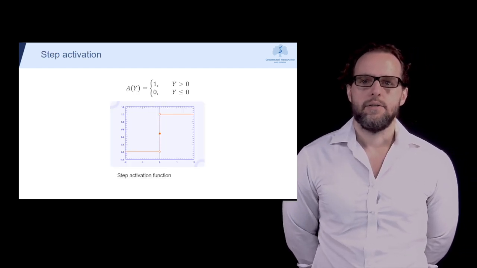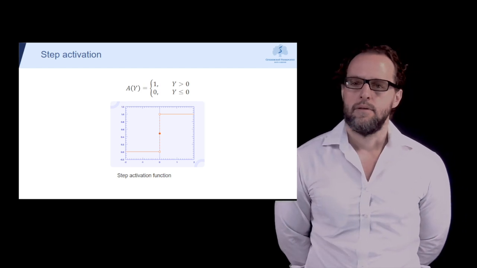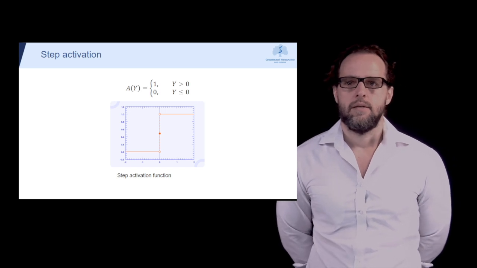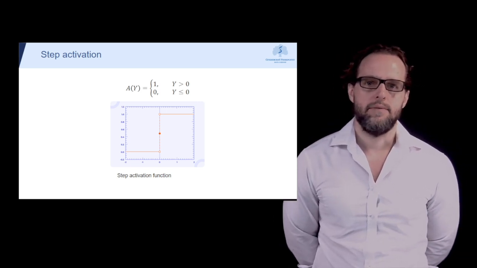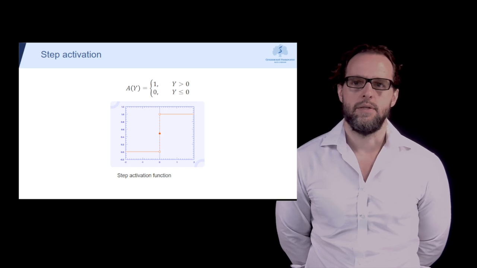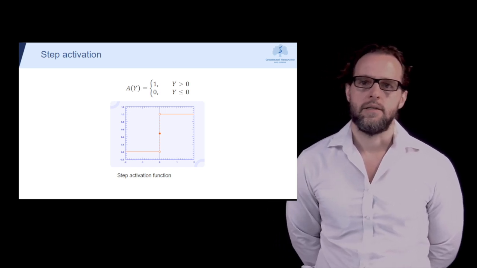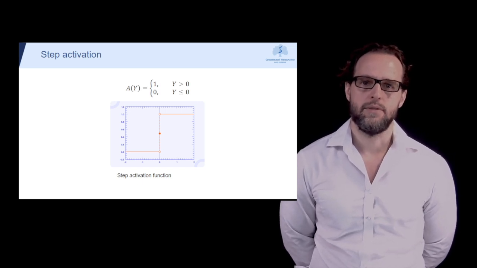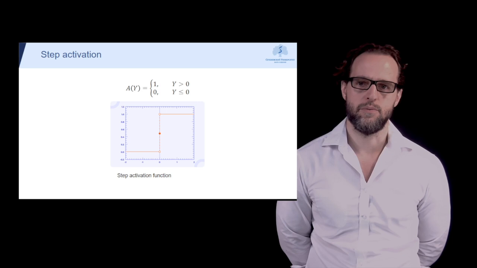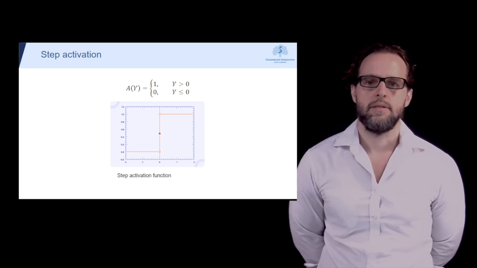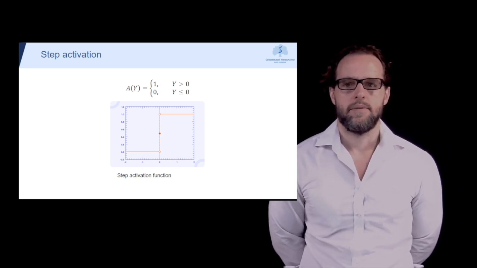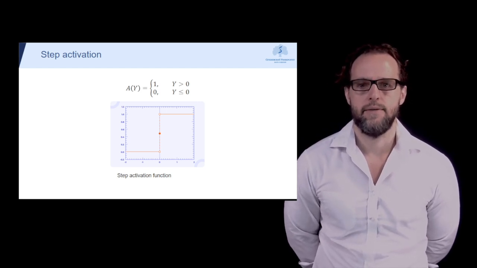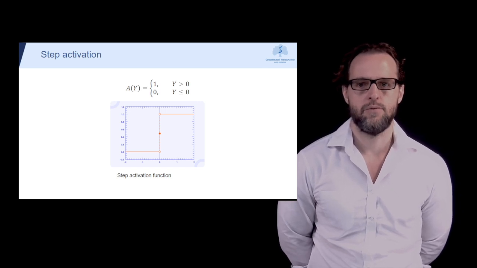Step activation is another algorithm which could be used here. This activation function is very simple, and there are only two values in it, 0 or 1. So this neuron could be activated or not. If we remember that we have a constant bias, we can use it to move the activation point of the function to 0.